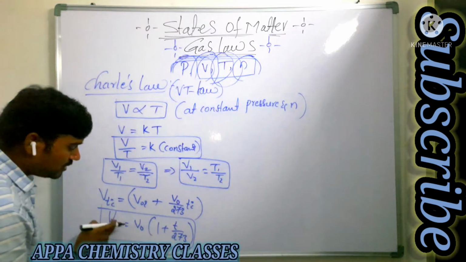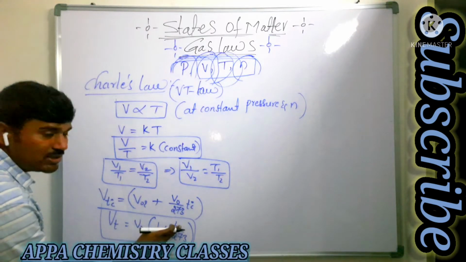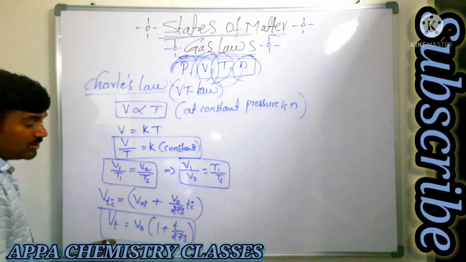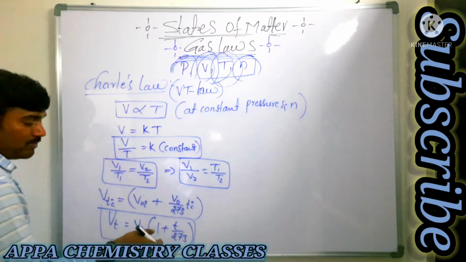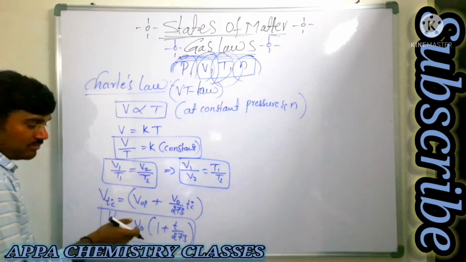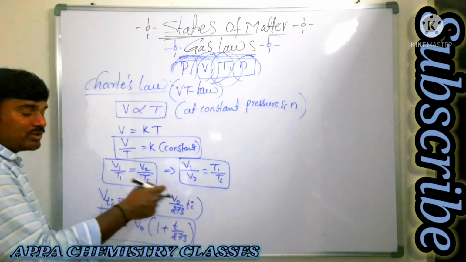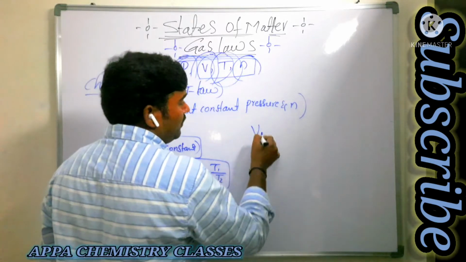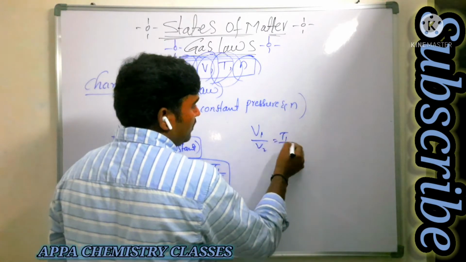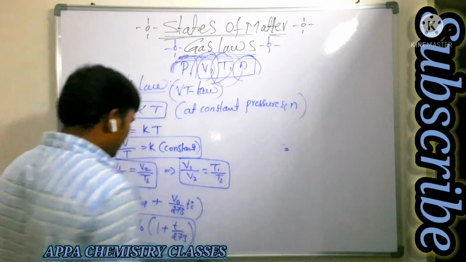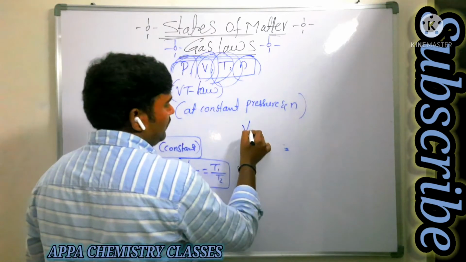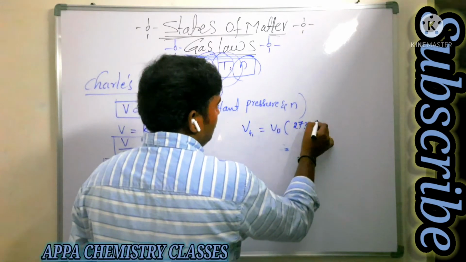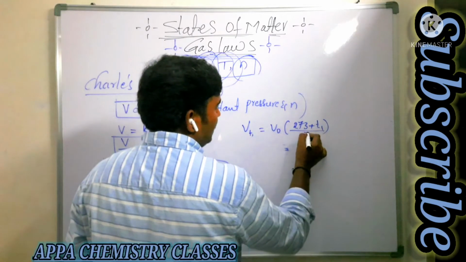From this, if you take 273 plus T degrees Celsius, which is nothing but the T1 temperature, and similarly at T2 temperature, you can take the volume as 273 plus T1 and 273 plus T2 by 273. Taking the ratio, you will get V1 by V2 is equal to T1 by T2. Same you will get. So at T1 temperature, volume is V0 into 273 plus T1 degrees Celsius by 273.